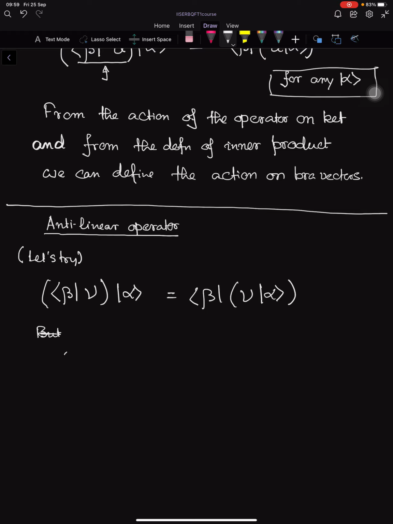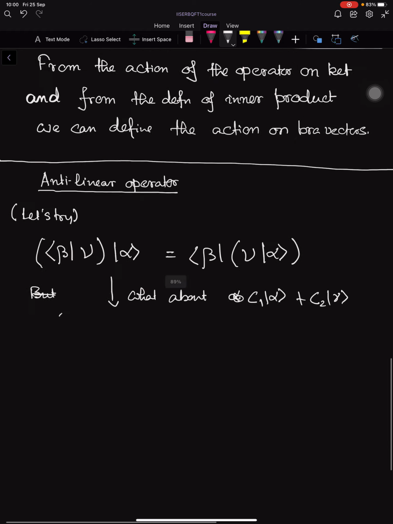Given this, what about C1 alpha plus C2 gamma?